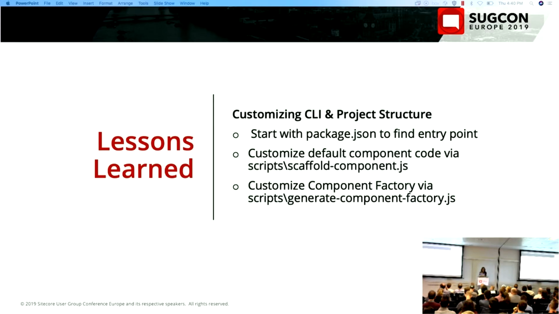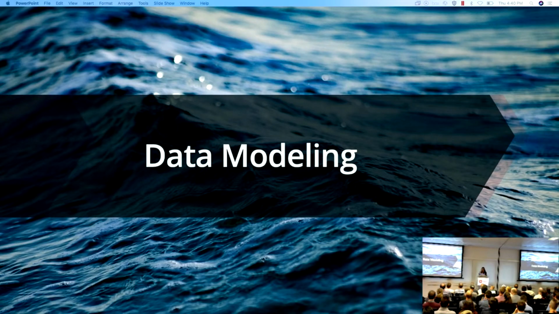All right, so this is a summary of what we just went over. Next up is data modeling. When working with JSS in a disconnected code-first workflow, we need to define the schema for components and page routes. In JSS, as opposed to working in Sitecore, we have to be more explicit about the role of the items that we declare.